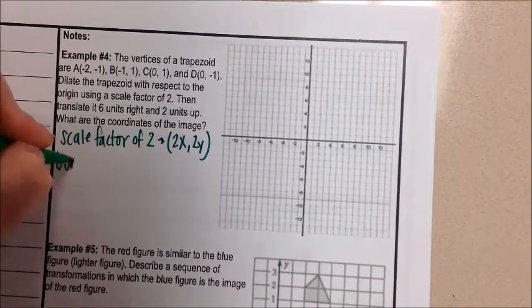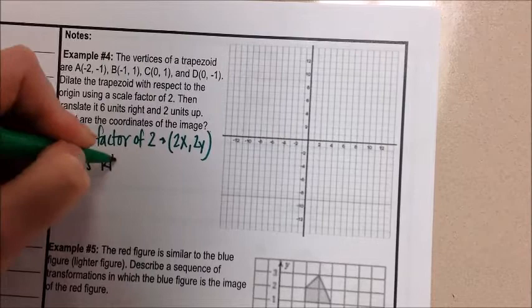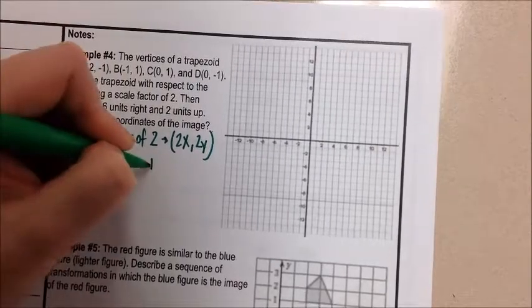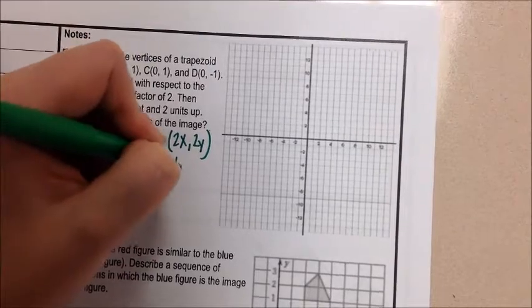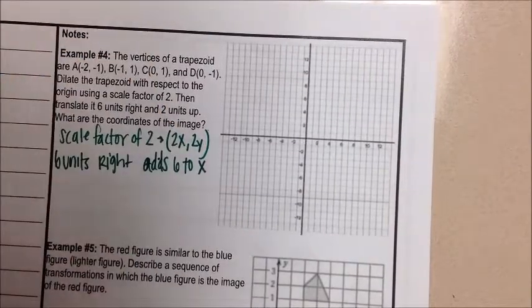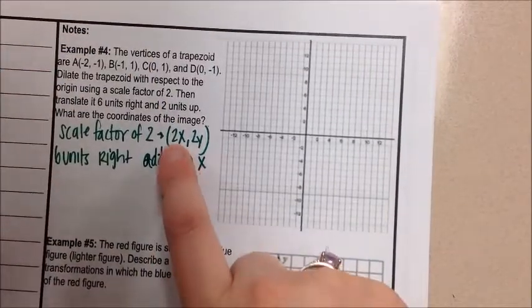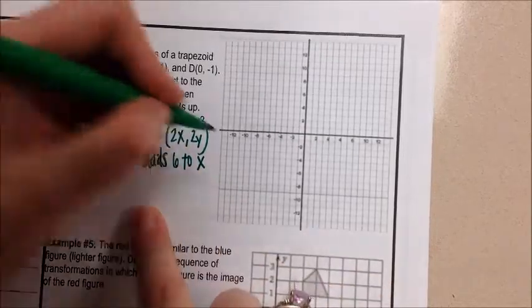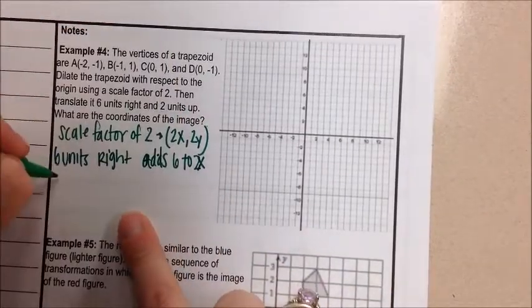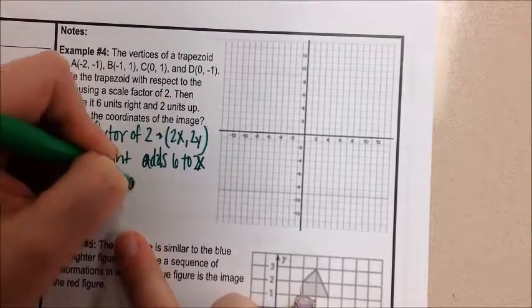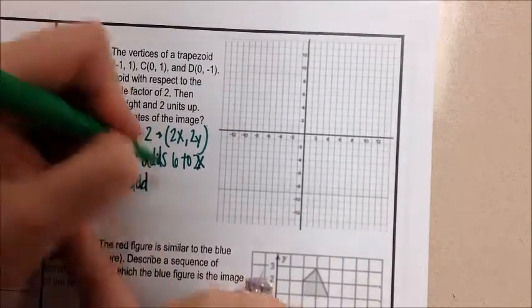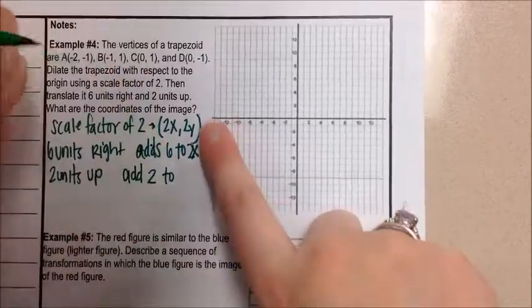So 6 units right, that adds to my x. Add 6 to the x, and I'm adding it to the image, so it's really adding 6 to 2x. And then 2 units up adds 2 to 2y.